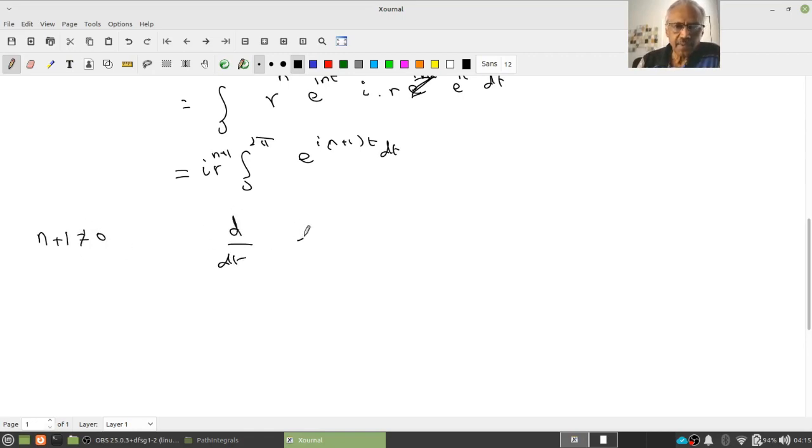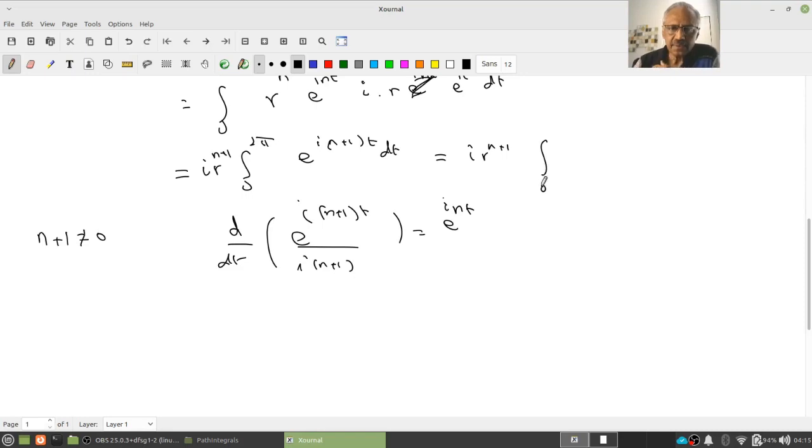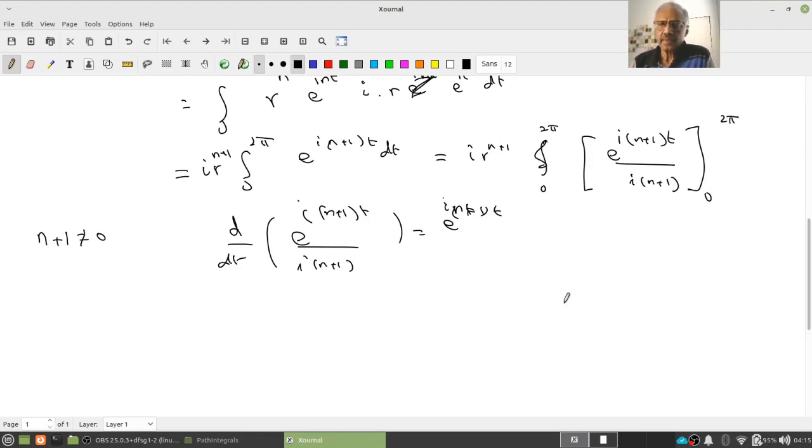Then I have a primitive: d by dt of e to the power i times n plus 1 times t, divided by i times n plus 1, gives e to the power i n t. Therefore by the fundamental theorem of calculus, it is i r to the power n plus 1 times e to the power i times n plus 1 times t by i times n plus 1, evaluated between 0 and 2 pi.